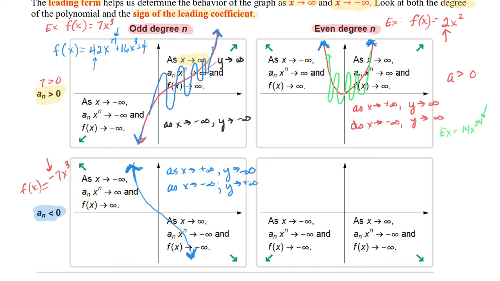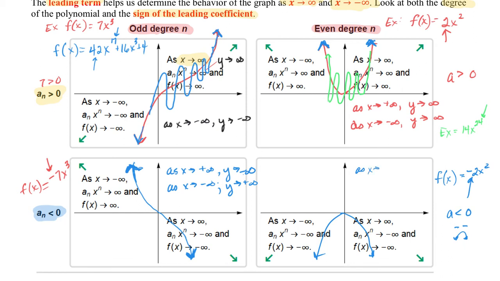Okay, and then finally my last example. So again, I'm going to stick with a quadratic. So f of x equals negative 2x squared. Well, now that leading coefficient is negative, so a is less than 0. And I know from my work on quadratics, when a is negative, that I have a quadratic that opens down. So you get a scenario that looks something like this.